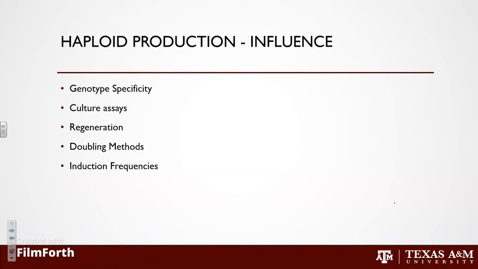And then finally, for the induction system in corn, the frequency at which induction occurs becomes really important. If you're very low, it takes large numbers of seed in order to get and identify haploids, and methods to identify those haploids as well. For example, sources of inducers of corn started out at very low frequency of induction, less than 3-4%.